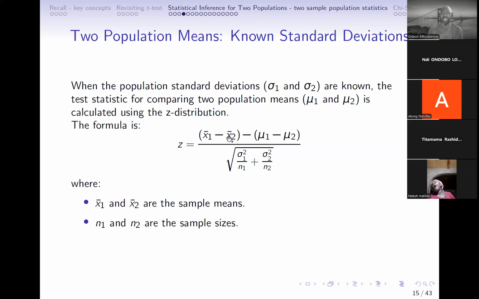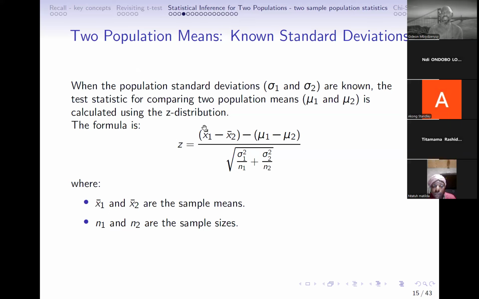If I take away the subscripts 1 and 2 in this formula and just have x here, mu here, sigma here, and n, it is exactly the same formula that we've seen before.